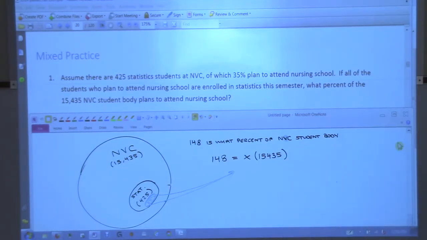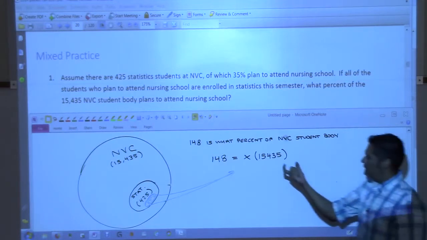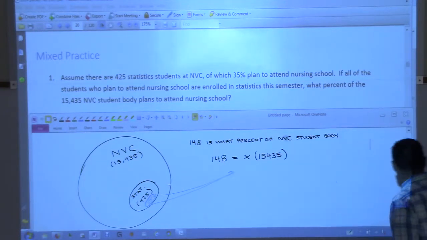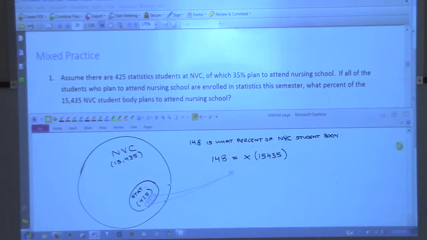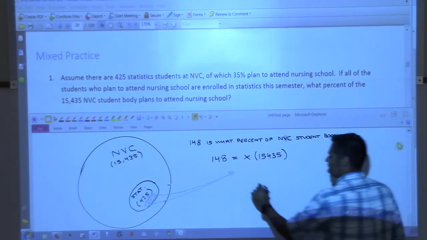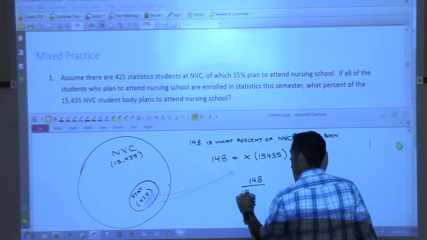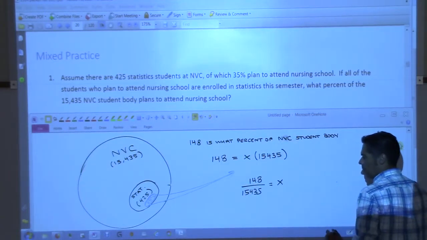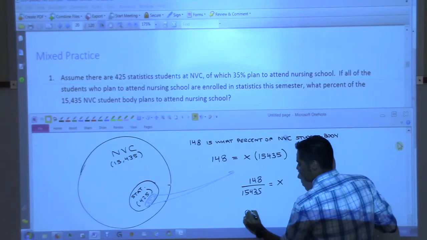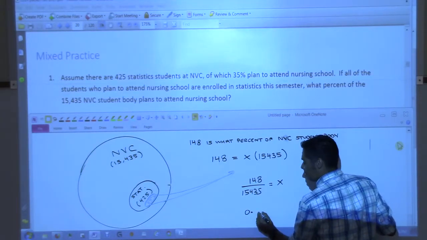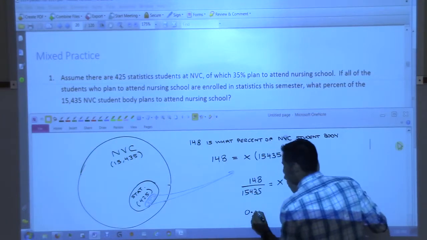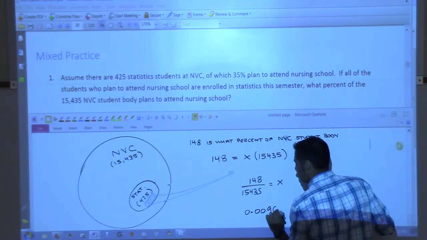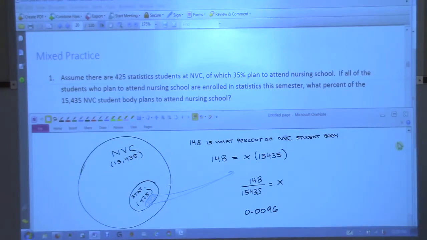And now, to solve for x, you would divide by 15,435, and you should get a decimal there. So I'm taking 148 divided by 15,435 equals x. What do you get? 0.0096?